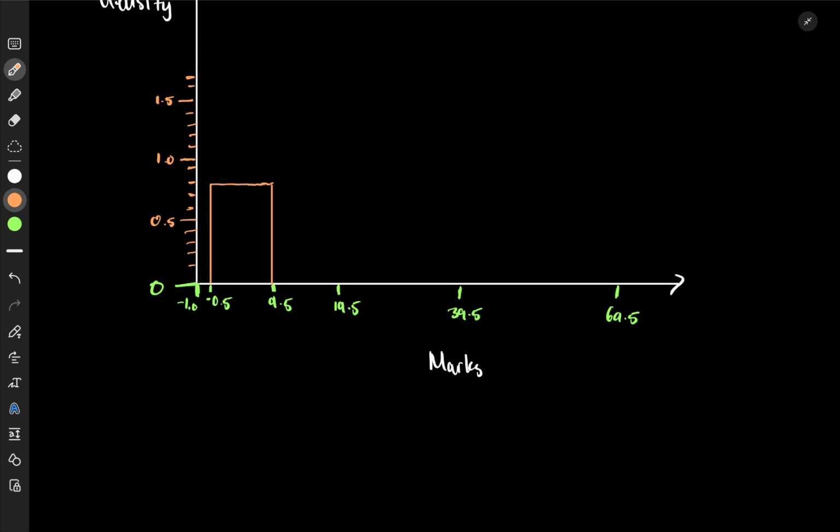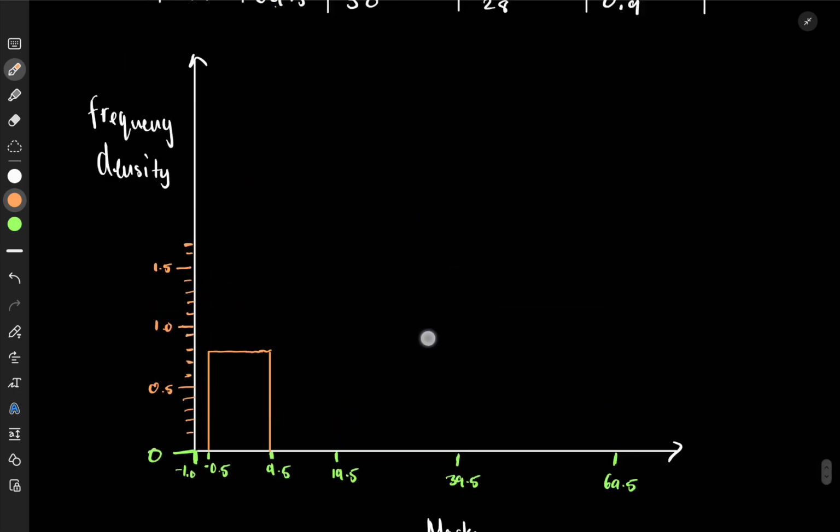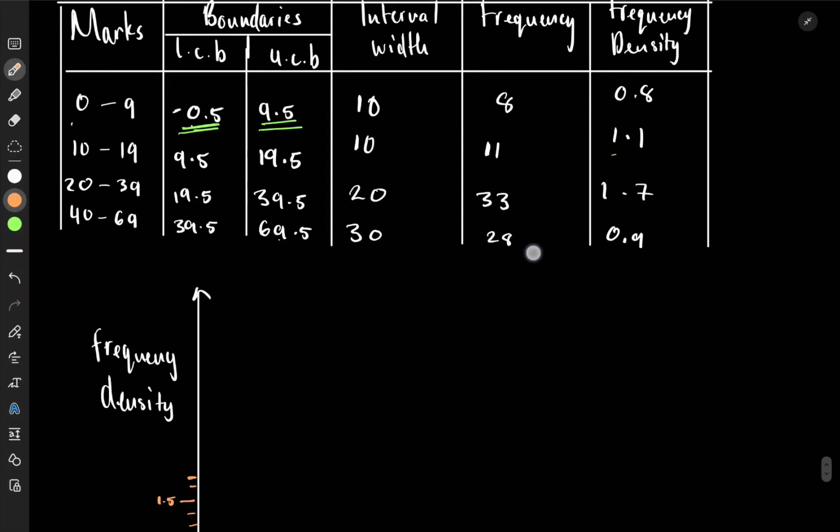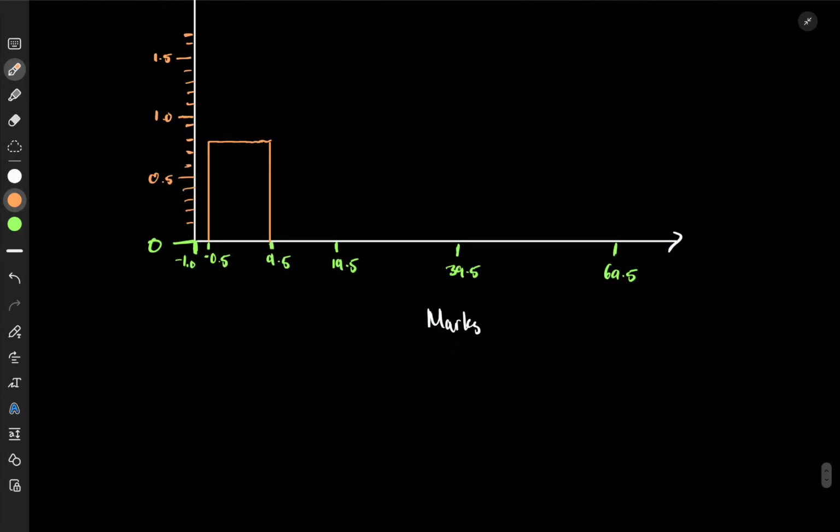What is the next one? It is 1.1. So I'm going to elongate it until it gets to 1.1 here. Okay, we can see that here. So I can pull it up a bit. Then we take this to 1.1 as well.